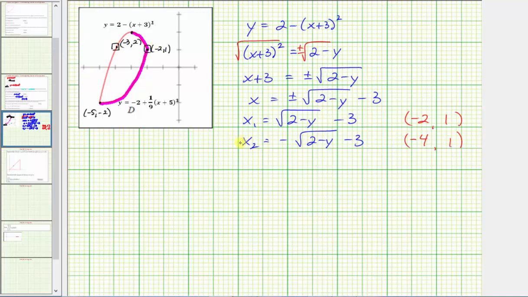When we're defining the right boundary, we want the right side of this parabola, so we're going to be using this equation here when y is on the closed interval from 1 to 2.